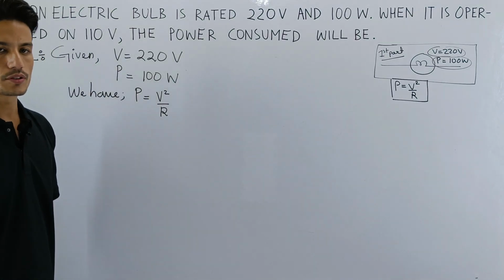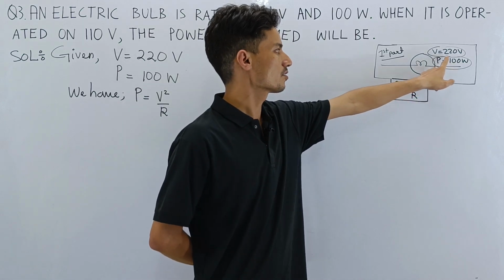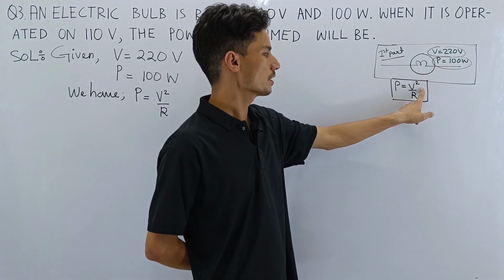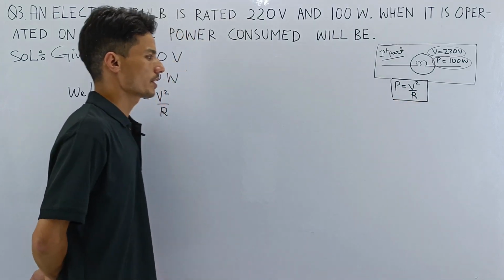It's very clear. You already have power, which is 100. You already have potential difference, which is 220, and we are going to find R.